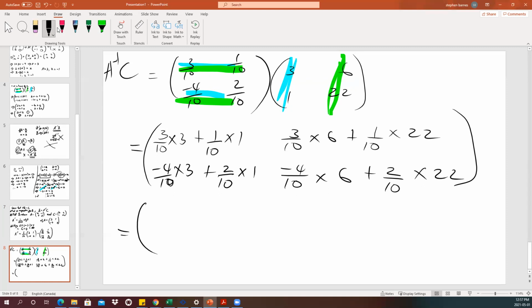All right, so this is 9 over 10 plus 1 over 10. Let me work it out piece by piece, no problem. This is minus 12 over 10 plus 2 over 10.